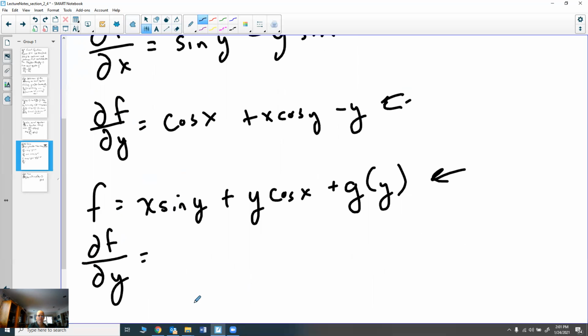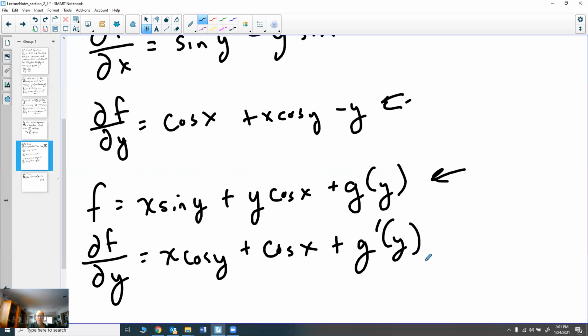So the derivative of this with respect to y, again, x is a constant. The partial derivative of sine of y with respect to y will be x cosine y. Taking the derivative with respect to y, the derivative of y is 1 times the cosine x, because cosine x is just a constant, plus the derivative of g with respect to y.